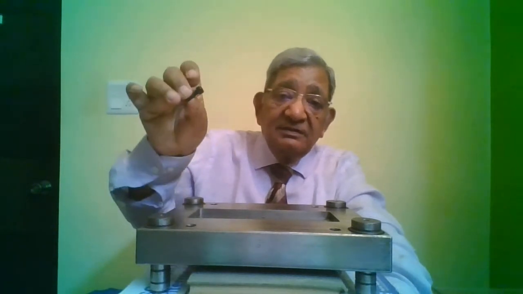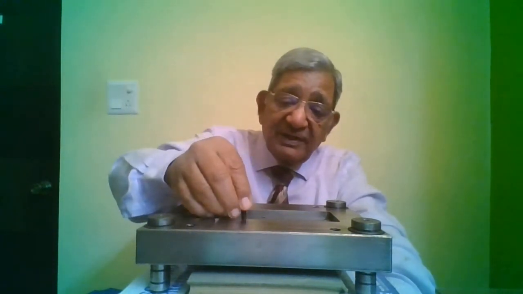So as I told you, the cavity insert has got the tapped hole, and this is the socket head cap screw. It will come through the front plate and it will tighten into the cavity insert, correct?